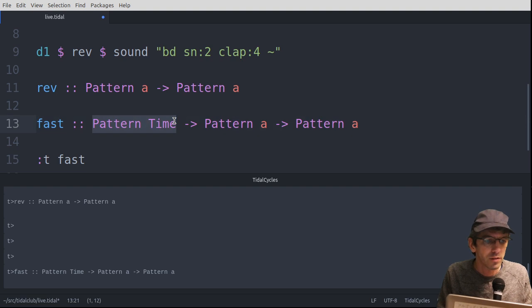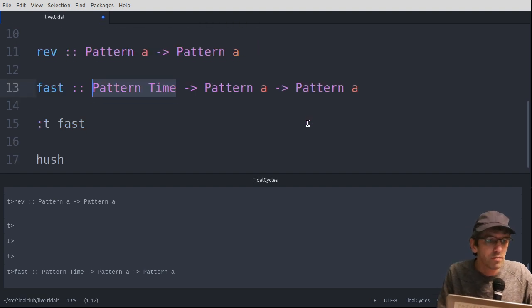And so it takes a pattern, not of type A this time, it has to be of a certain type, which is of type time. So it takes a time value, which is the amount of the factor which you speed up time by. And the second parameter is the pattern which you're speeding up. And then the third thing is the output.